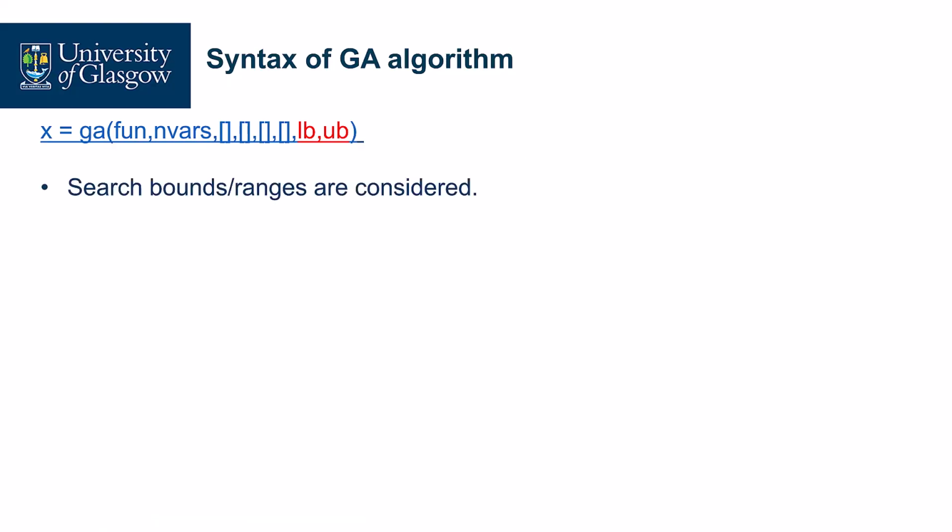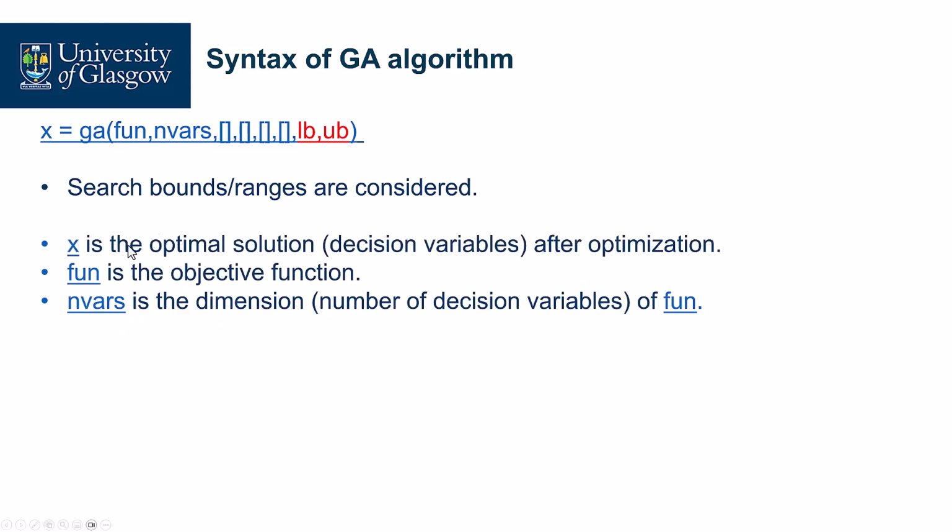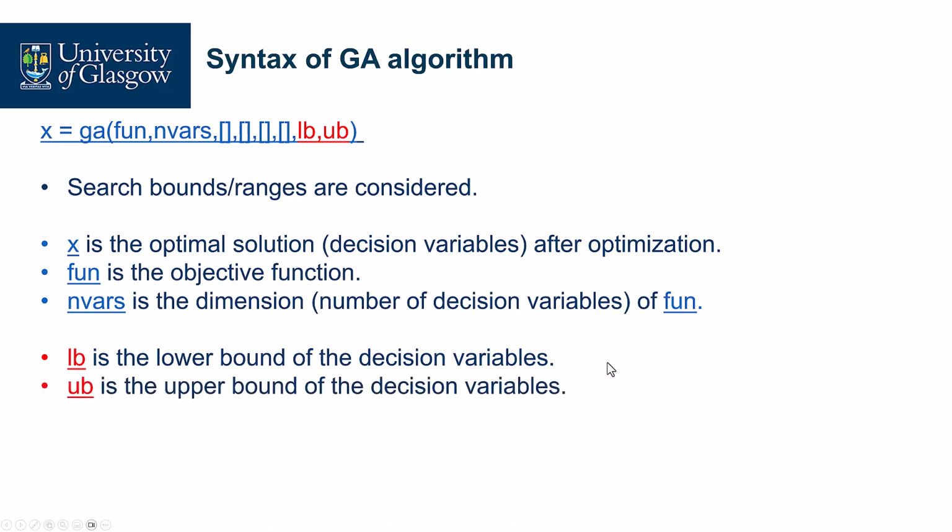The lb and ub set the search bounds, which we have discussed, but I will repeat it here. lb is the lower bound of the decision variables, and ub is the upper bound of the decision variables. They can be vectors.